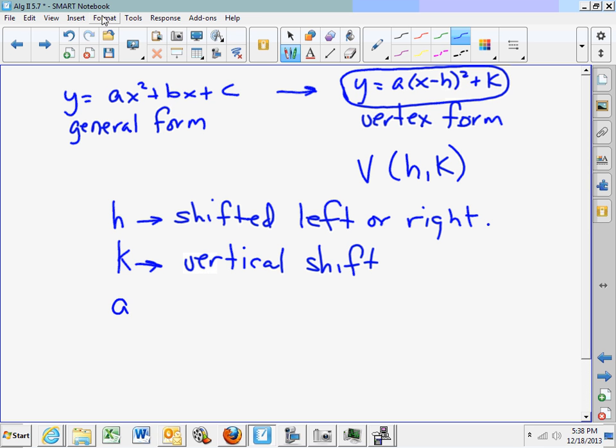And then a is going to represent the vertical stretch or compression.